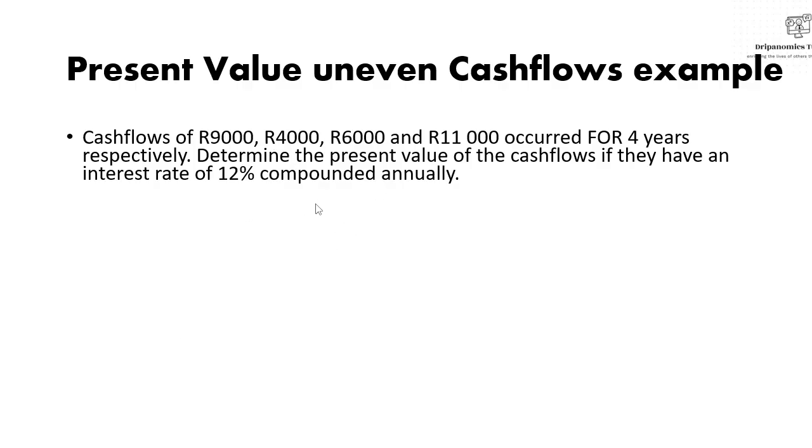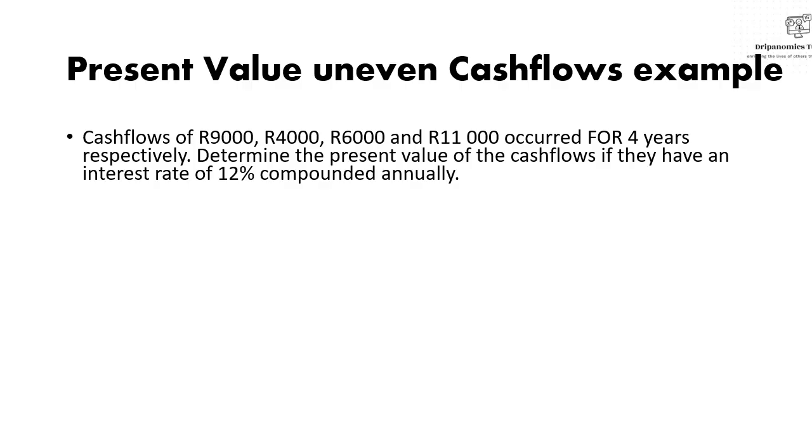Then it says determine the present value of the cash flows if they have an interest rate of 12% compounded annually. So we've been given these uneven cash flows, and we're asked to calculate the present value if the interest rate is 12%.